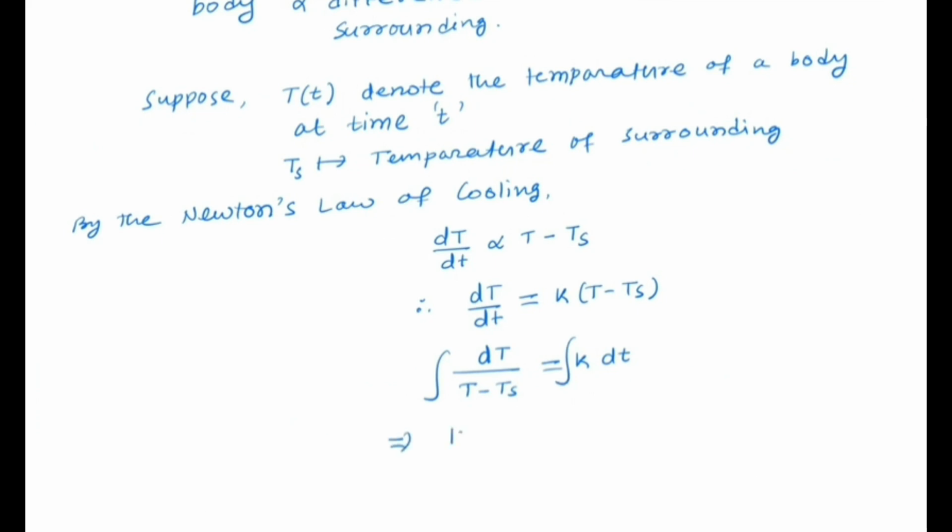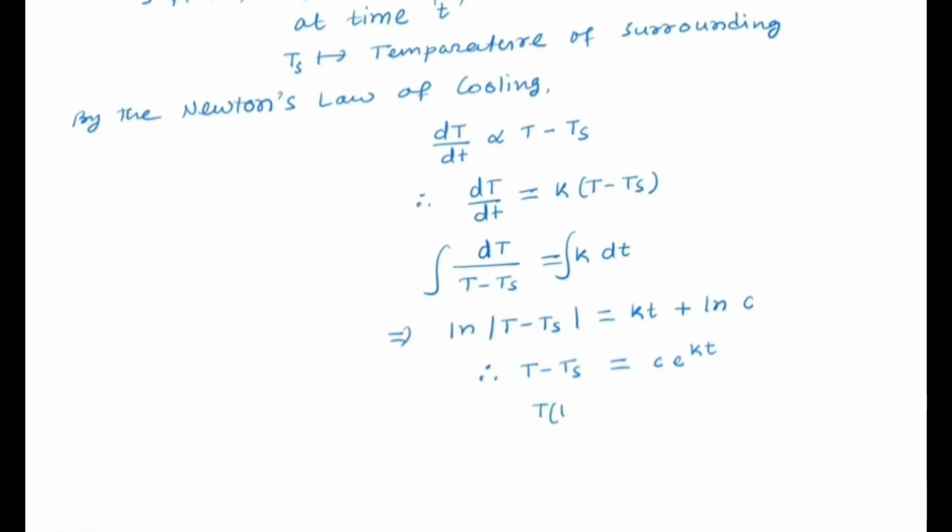So we have ln of T minus Ts is equal to kt plus ln C. So we are taking ln C for simplification of the calculation. So we have T minus Ts is nothing but C times e power kt. So T of t is nothing but Ts plus C e power kt, which is the temperature at time t.